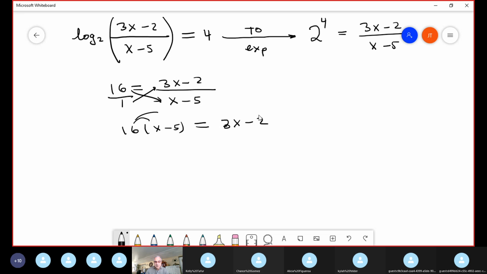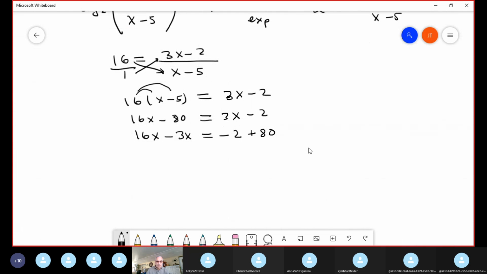Now I apply the distributive property because I want to remove this parenthesis: 16x minus 80 equals 3x minus 2. I move 3x to the left, minus 2 stays, and plus 80. Now combine like terms: 13x equals 78. Divide by 13 on both sides. That's 6.